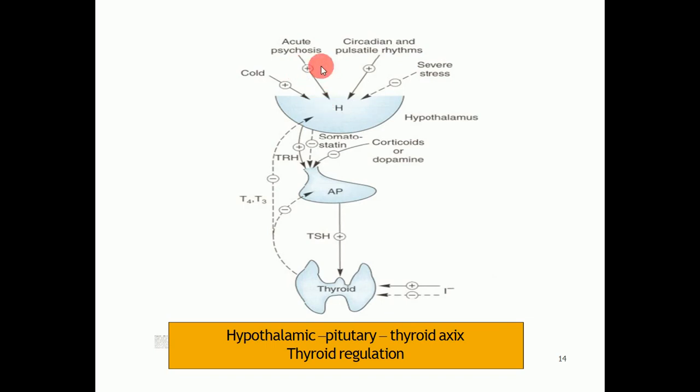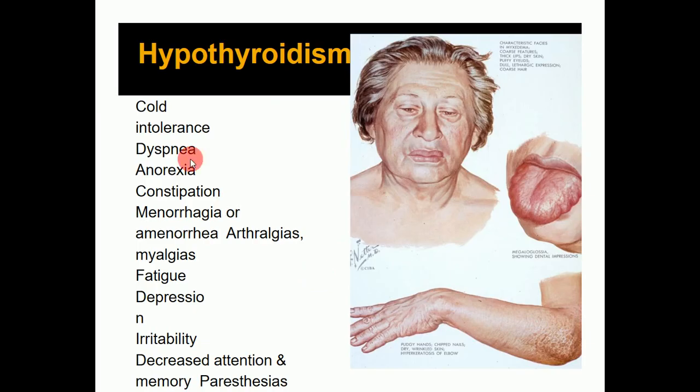These are positive and these are negative, and this is the hypothalamus, with corticoids, dopamine and somatostatin. As we know, human body temperature, 37 degrees centigrade, is also maintained by the hypothalamus. There are different types of activities, which I will discuss in detail, inshallah.